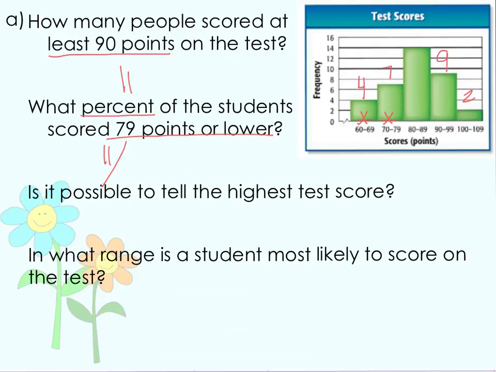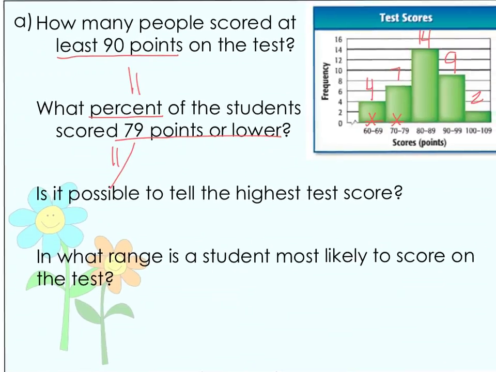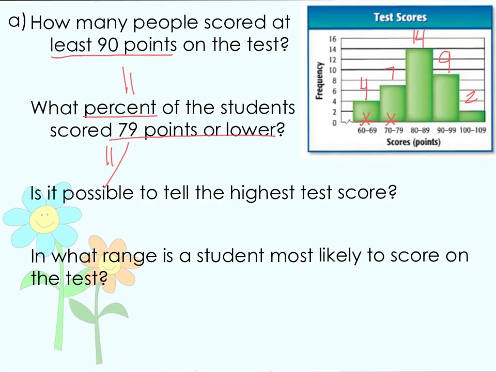So to figure that out, I have to think about how many total took it. So I'm missing one bar. There were 14 in this bar. So let's think about how many total kids. So we're going to add up all of those numbers. So when you add up 4 plus 7 plus 14 plus 9 plus 2, because now we're looking at all of the bars, you end up with 36 kiddos who took that test.